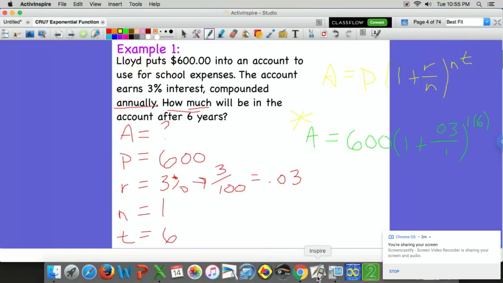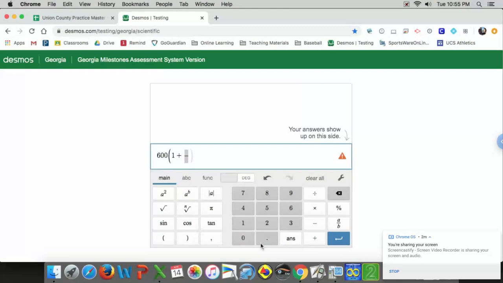Then you had 0.03 over 1. Then we go to the outside and we're going to raise it to a power.